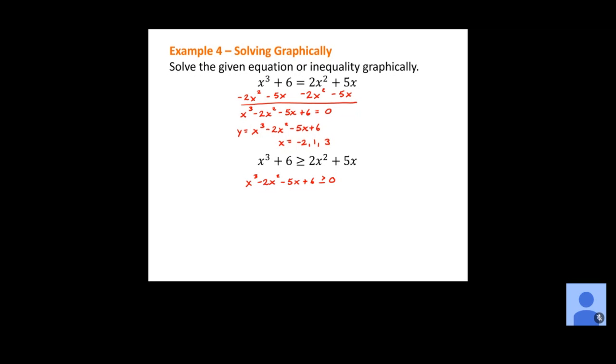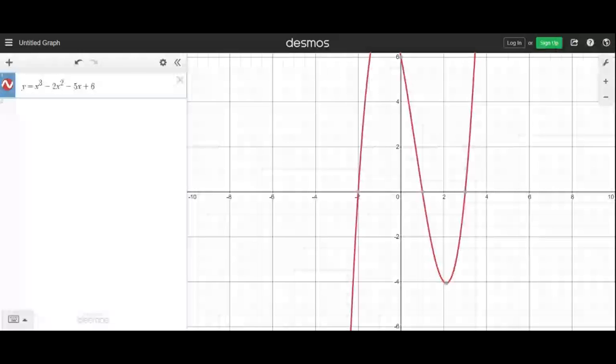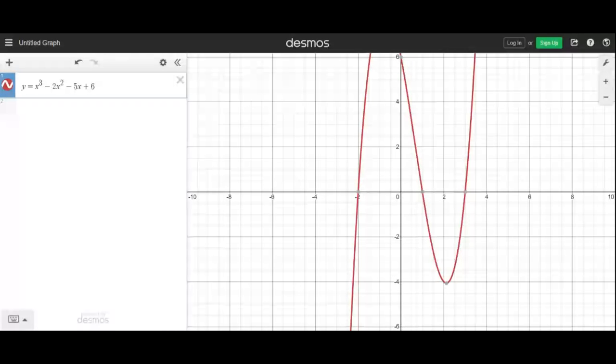So I'm going to go back to Desmos. Okay. And so again, it's the same function we just looked at, but now I want to know, where are the values greater than 0? Where are they above the x-axis?